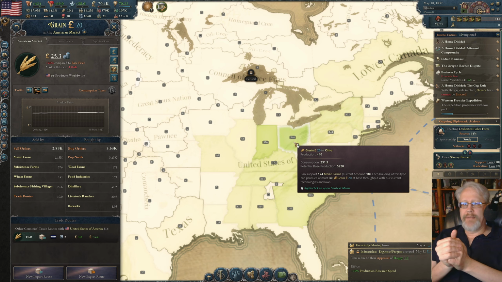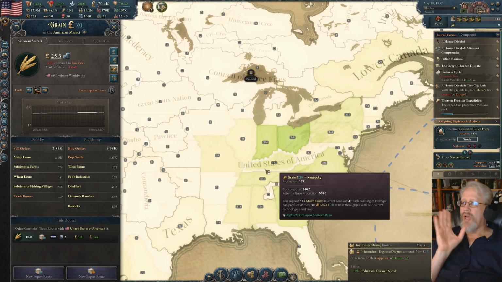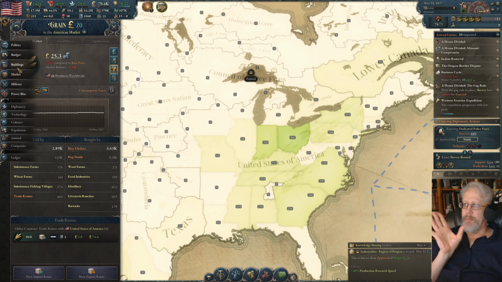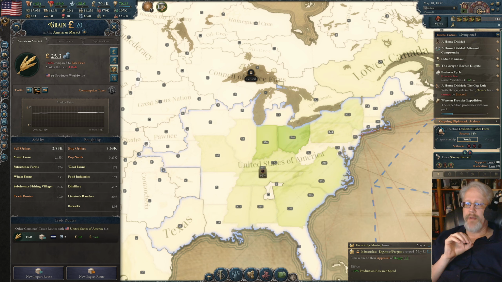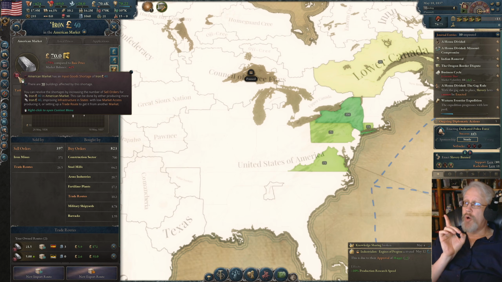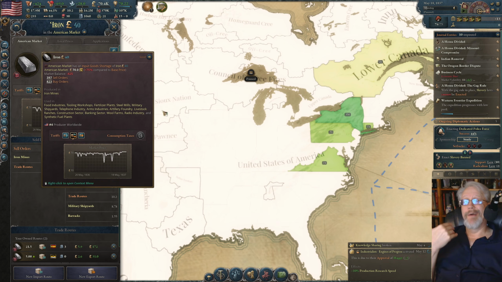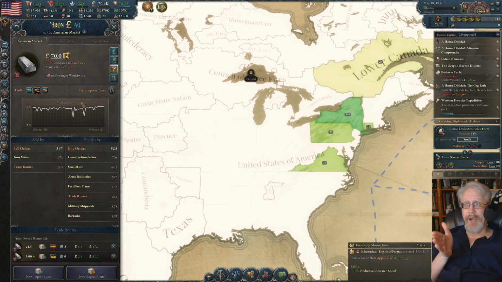But as it is, we don't have a little icon on there. Like if I go over to iron, oh no, we have an input goods shortage of iron. We definitely need to get some more iron out there. Which means we don't have enough supply to meet the demand, and it's to a point where it's impacting other production and other things.